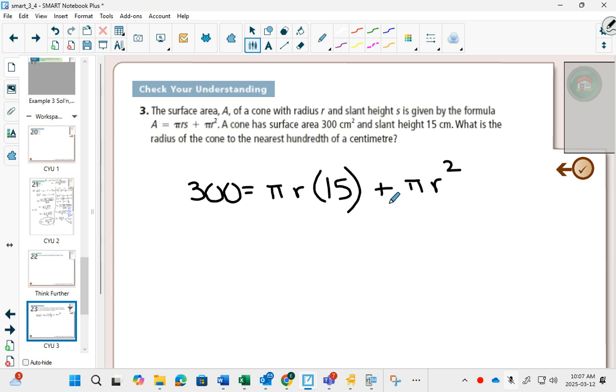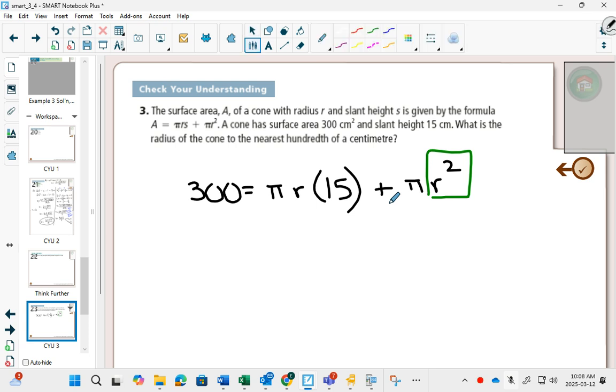But for all three of those, as part of your setup, normally you make one side equal to 0 first. And so I like to check, where's my r squared? It's right here. Is my value in front of that r squared positive? Yes. So I would move everything to the right-hand side.